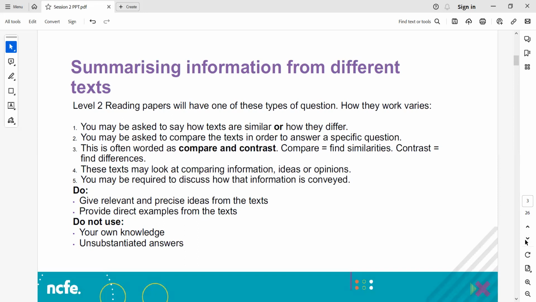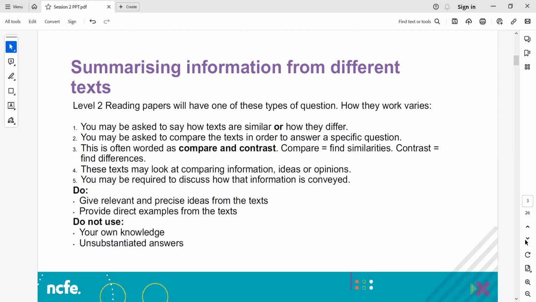You might be asked to say how texts are similar or how they differ, or to compare the texts in order to answer a specific question. This is often worded as compare and contrast, with compare referring to finding similarities and contrast referring to finding the differences between the texts.